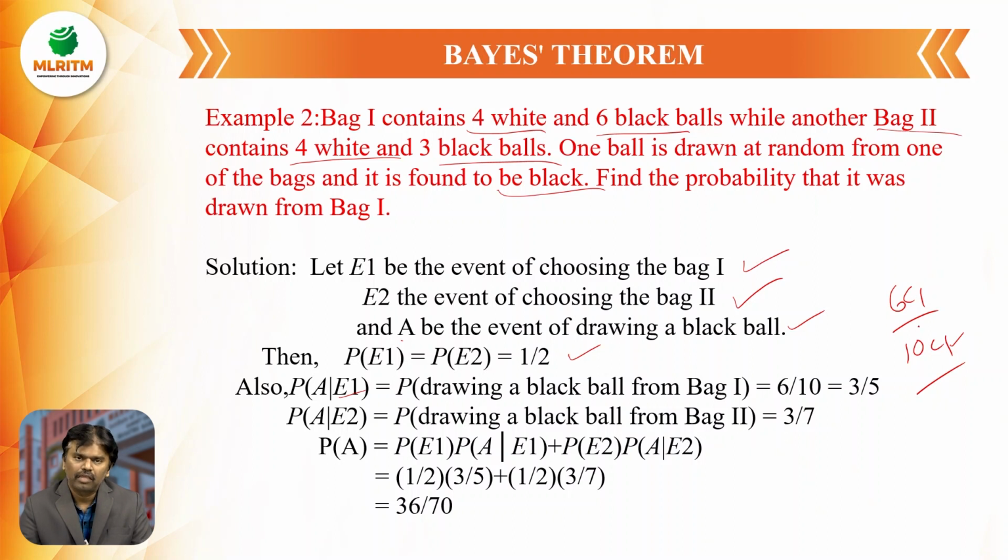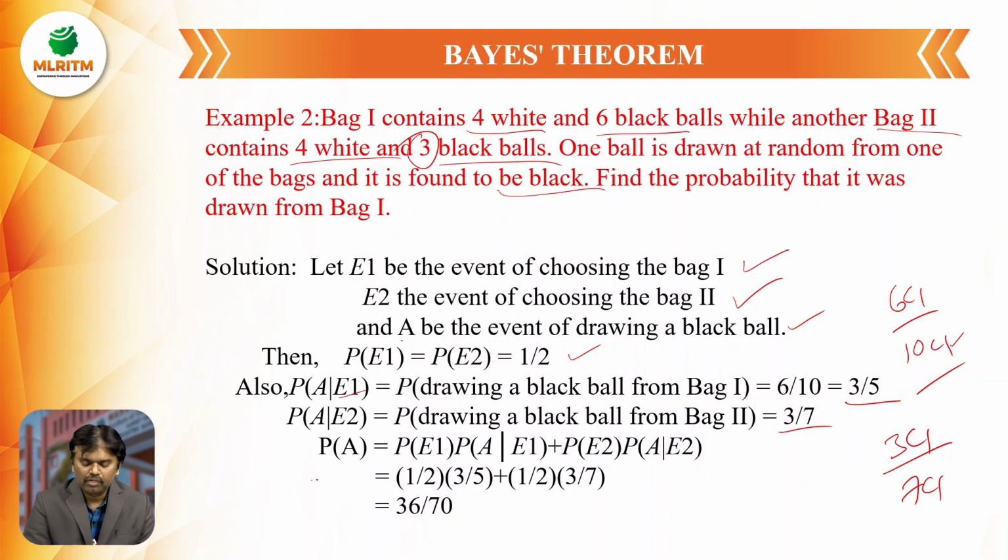So 6C1 by 10C1 is 6 by 10, that is 3 by 5. Next I am selecting bag 2 and drawing the black ball. In bag 2 I have 3 black balls and the total number of balls is 7. Out of 7 balls I am taking one ball, and the black balls are 3, so that is 3C1 by 7C1, that is 3 by 7.